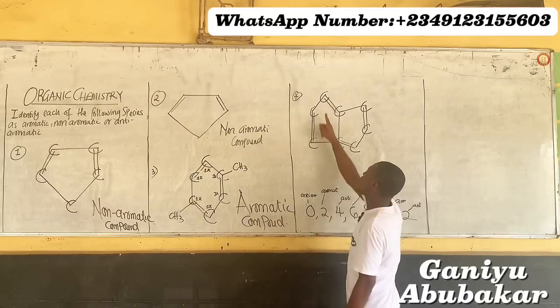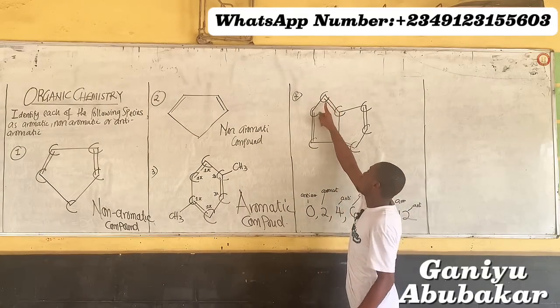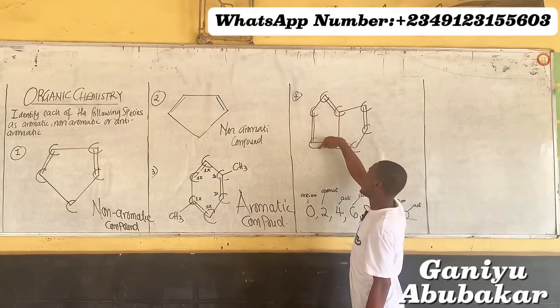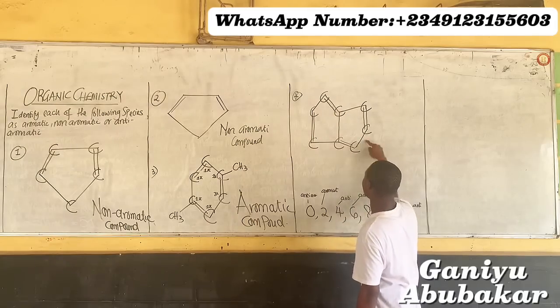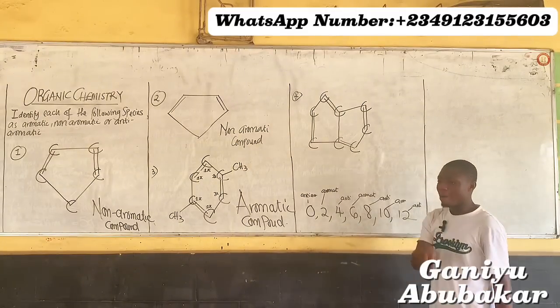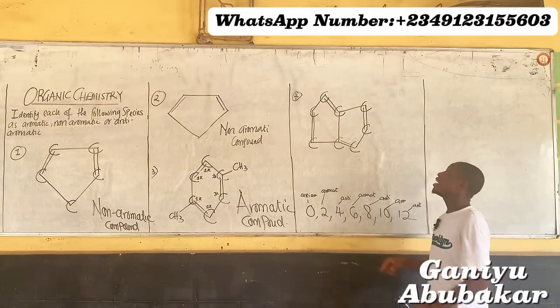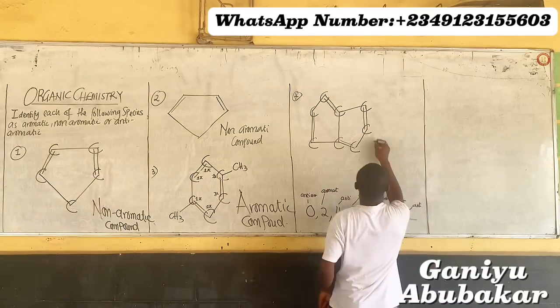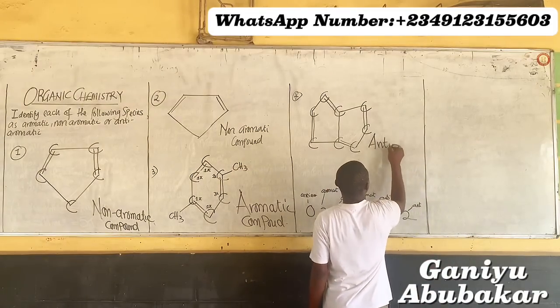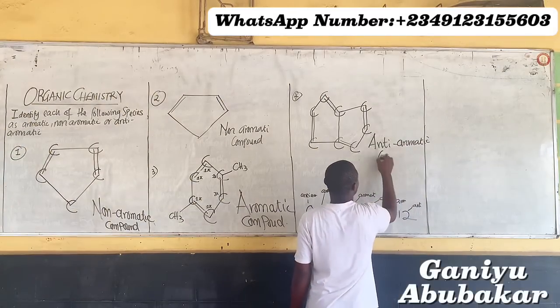So for every carbon atom in a double bond, there's only 1 pi electron there. So I have 1 pi electron, 2, 3, 4, 5, 6, 7, 8. Please, for 8 pi electrons, is it aromatic or anti-aromatic? For 8, it is anti-aromatic. So the compound is called an anti-aromatic compound.